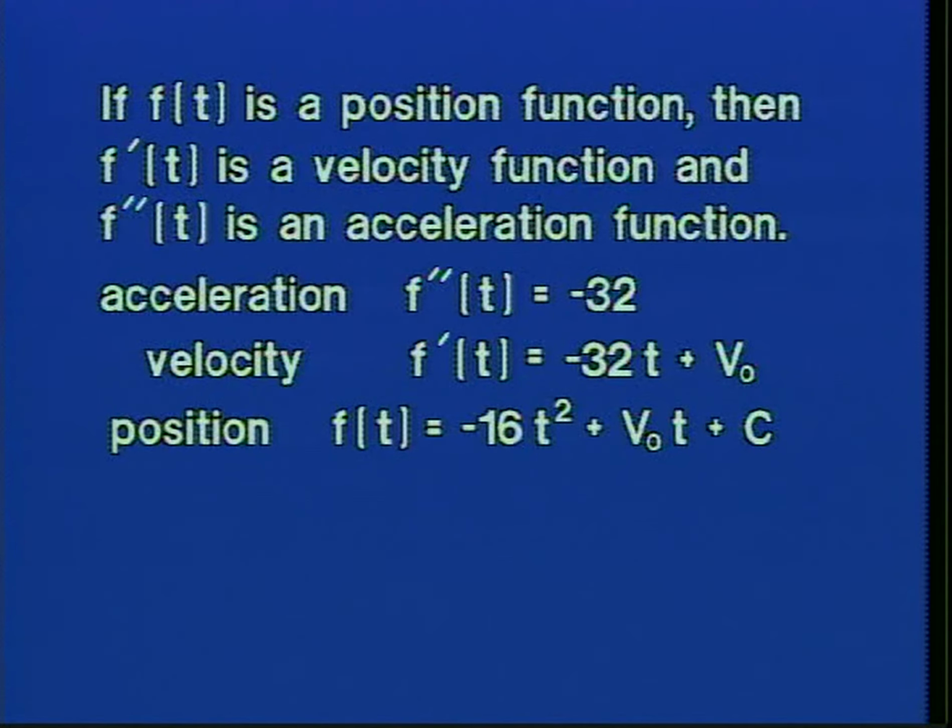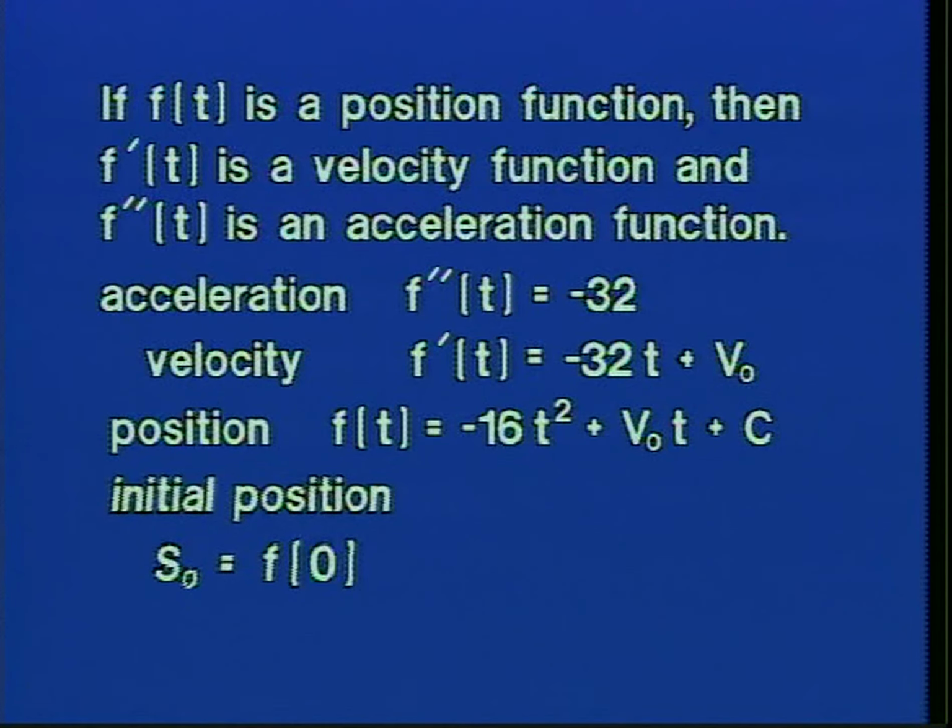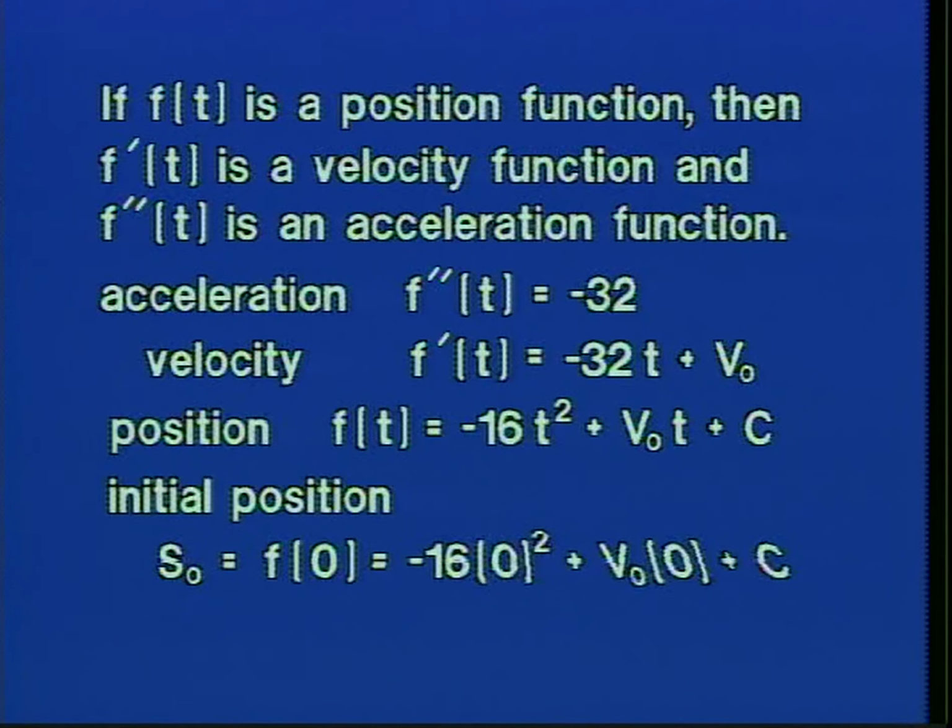So we can think about the problem like this. We can say that the initial position is s0, and s0 is f of 0. So f of 0 means replace t with 0 in our position function, and evaluate, and the two terms go out leaving C, so C is equal to s0. And that just means that we replace C with s0, and here is the position function that we were trying to derive earlier.